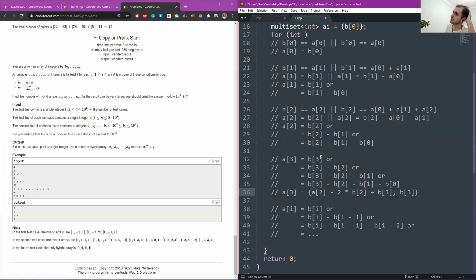But hey, B3 is equal everywhere, right? So what do they differ in? B3 is actually different from 0 in the prefix sum from B2 to B1.